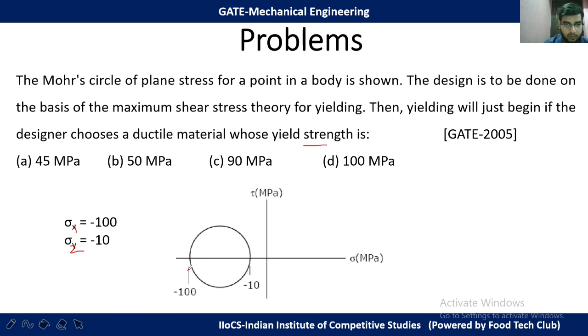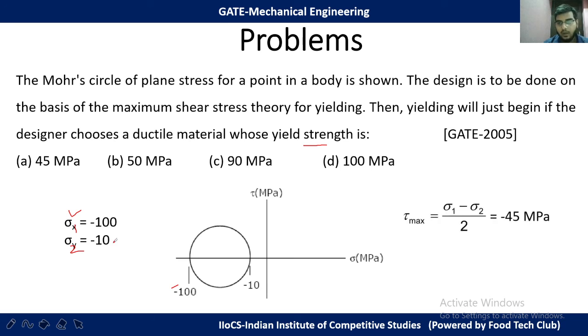As the negative sign suggests, these are compressive stresses. So sigma 1, the major principal stress, is minus 100, that is 100 megapascal compressive stress, and sigma 2, the minimum principal stress, is equal to minus 10, that is 10 megapascal compressive stress.